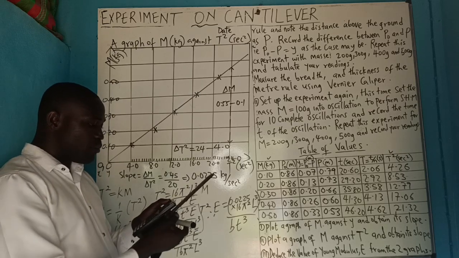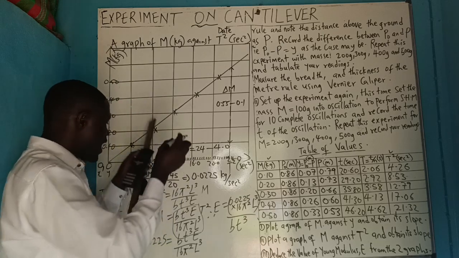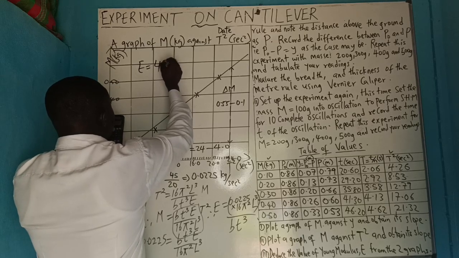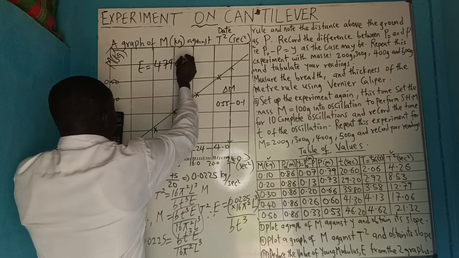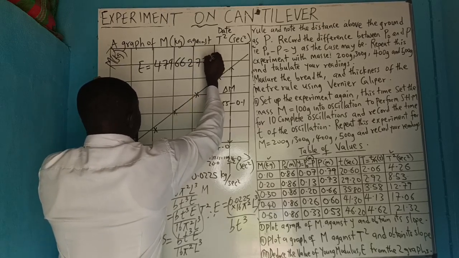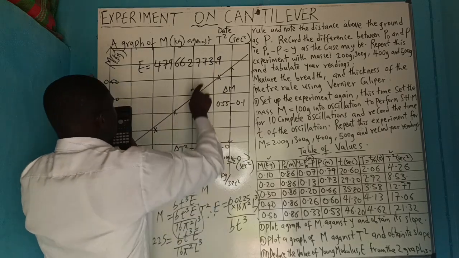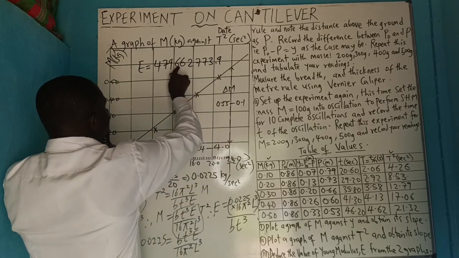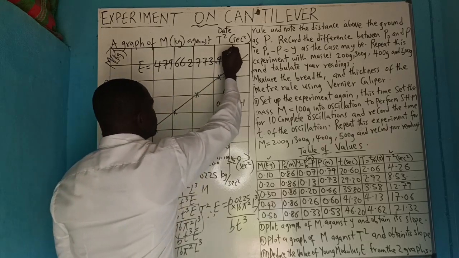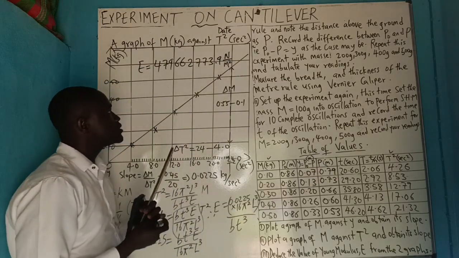So when you compute it, you'll be having that your E is equals to 479,662,773.9. That means the unit is Newton per meter squared because we put everything in SI unit.